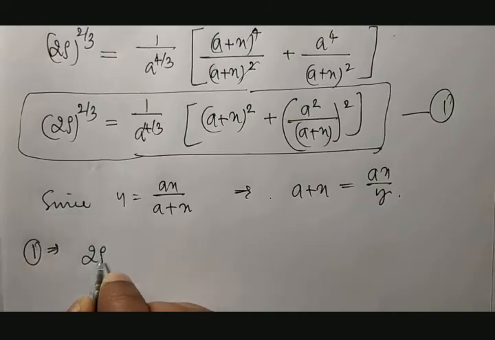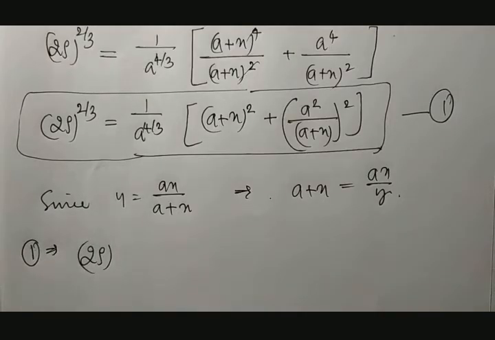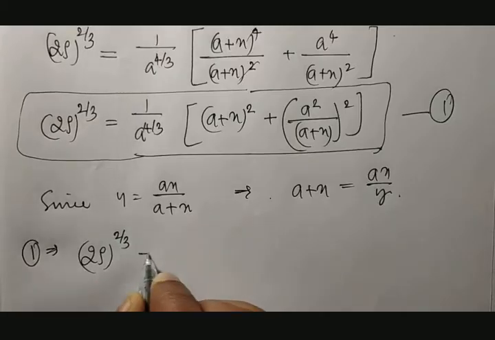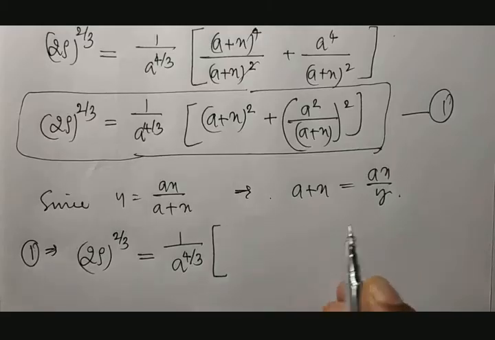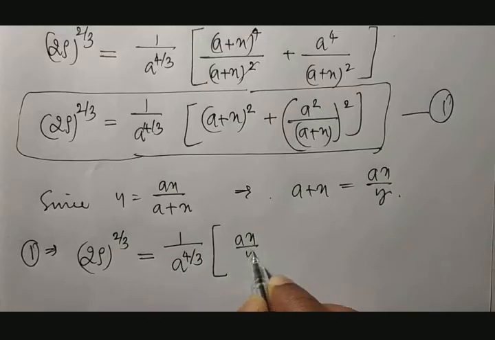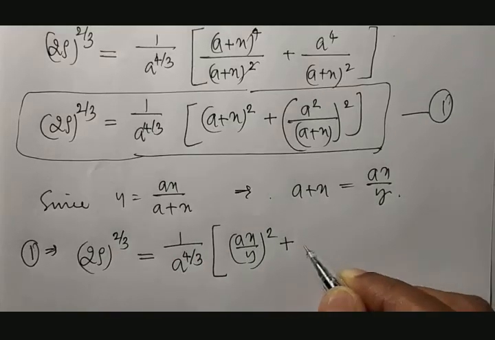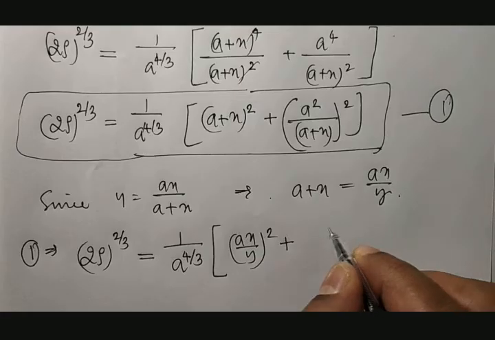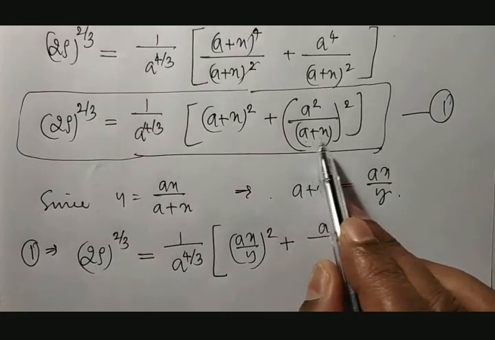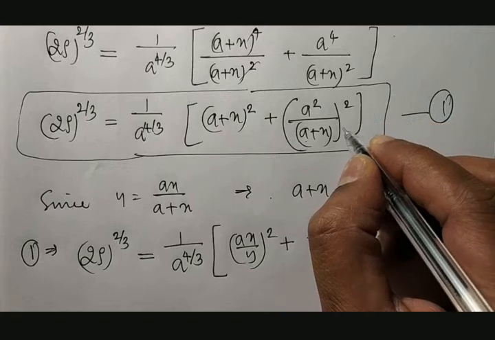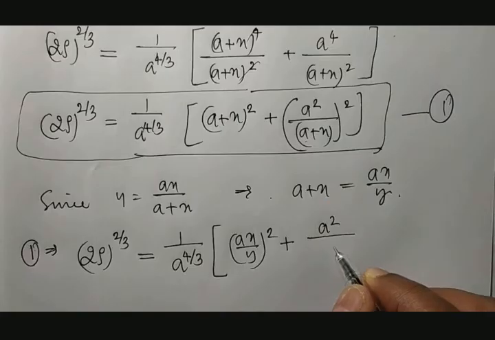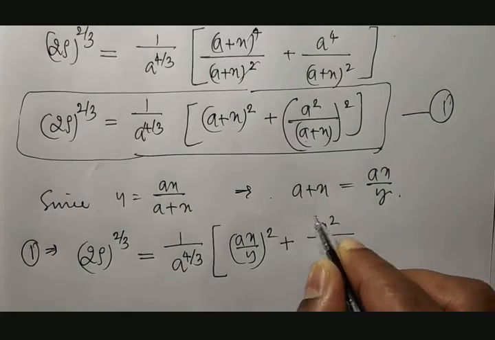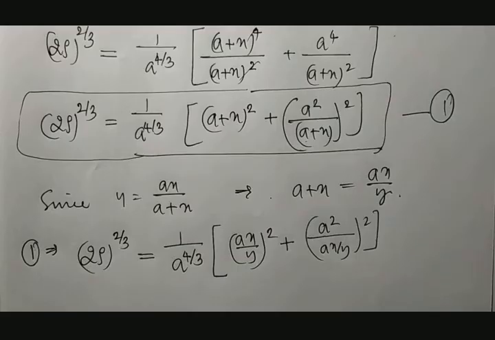Then equation number 1 becomes 2 times rho raised to 2 divided by 3 is equal to 1 divided by a raised to 4 by 3 into a plus x, which is nothing but ax by y. So it is ax divided by y the whole square plus a square divided by a plus x. Sorry, a plus x is ax divided by y the square.